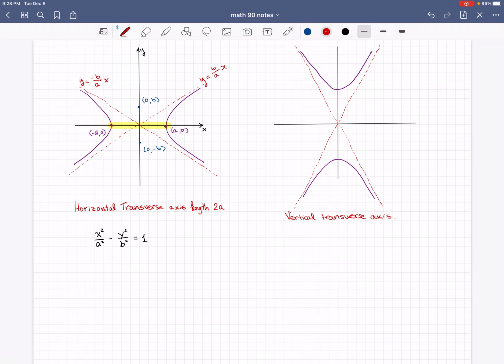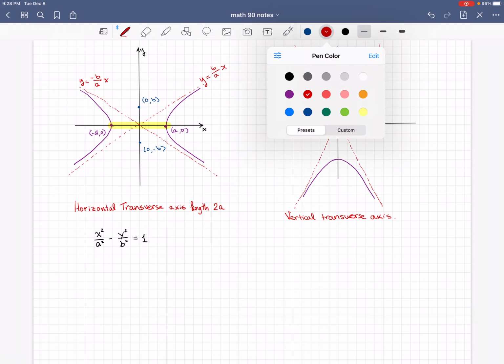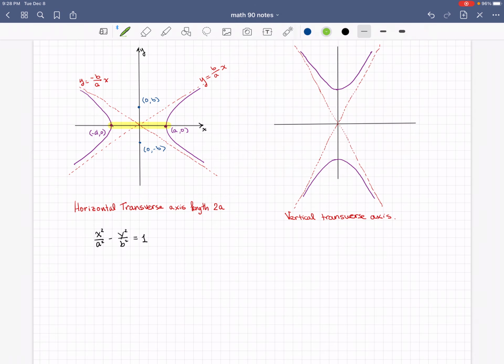So the foci. Let's label them on our graph, using some other color. So this point here and this point here. They're on the same axis as the transverse axis, so in this case, they're on the horizontal axis. And so their coordinates are (c, 0) and (negative c, 0).